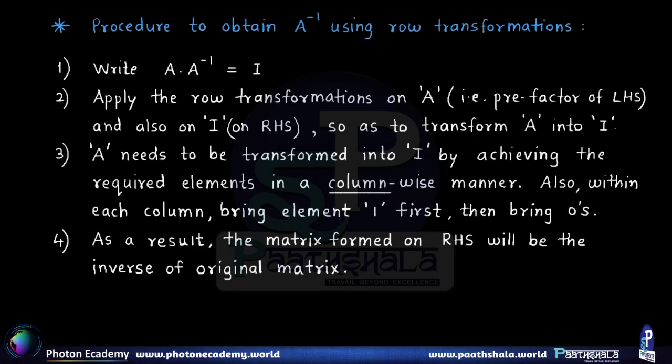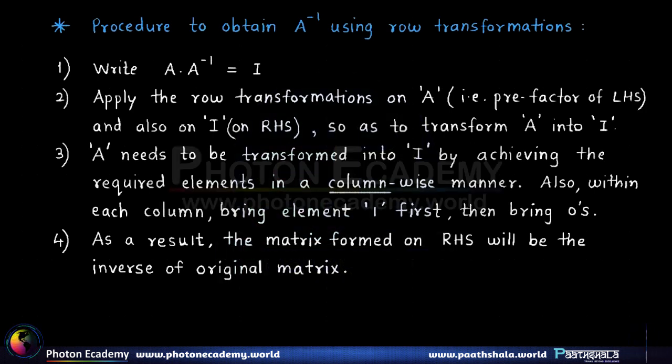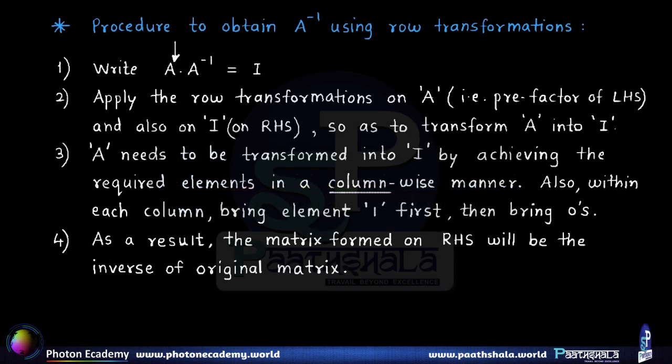Now let us see the procedure to obtain A inverse using row transformations. In the first step we write A into A inverse is equal to I, where I is the identity matrix of the same order as A. In the second step we apply the row transformations on the matrix A, which is called the prefactor, on the left hand side, and we apply the same transformations on I on the right hand side.